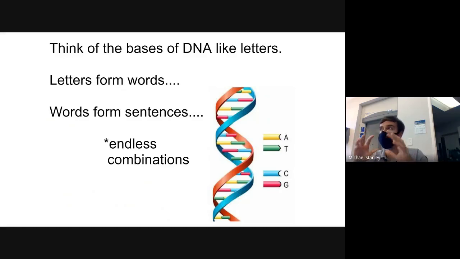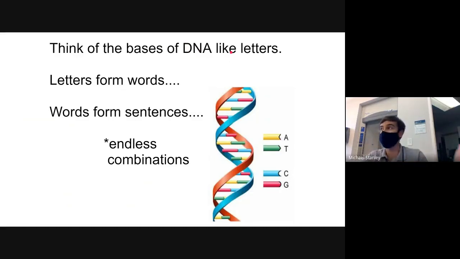Every single living thing on planet Earth is made from the instructions in DNA. So whether or not you're a bacteria or a mushroom or a strawberry plant or a dog or elephant or human, all of the information to make each one of those organisms is coded in its DNA.